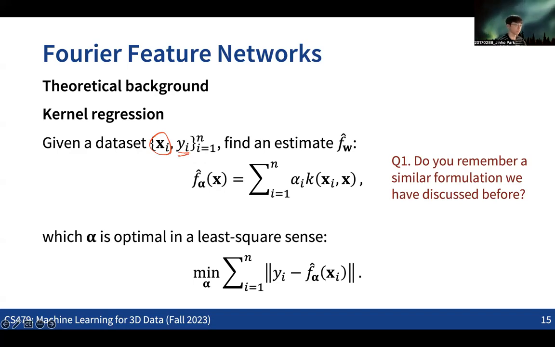In the case that we are getting the signed distance function, y for all the points becomes 0, right? So we are getting these alpha values with the given kernel function in a way that we can approximate the signed distance for each point. So that's the same case, right? Actually, we have seen this before.